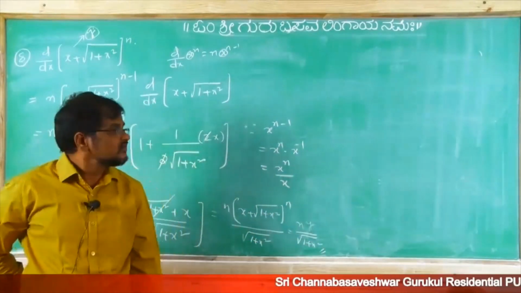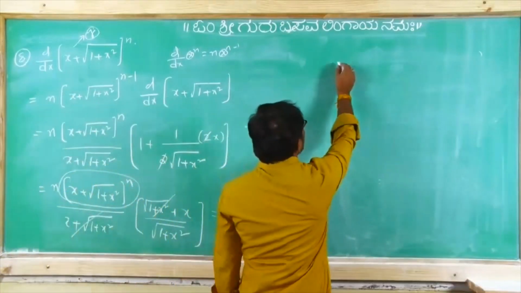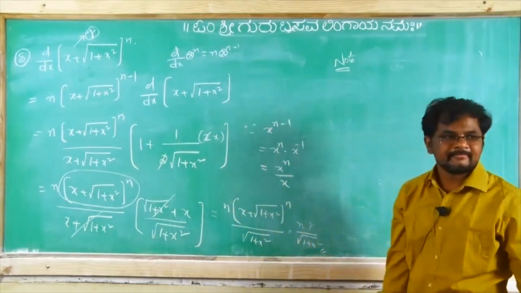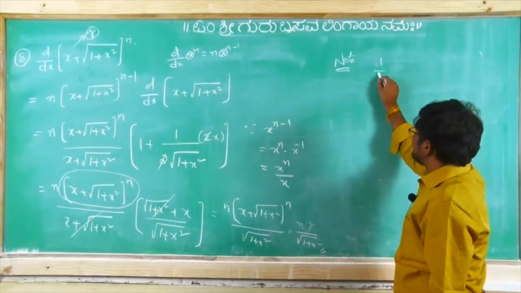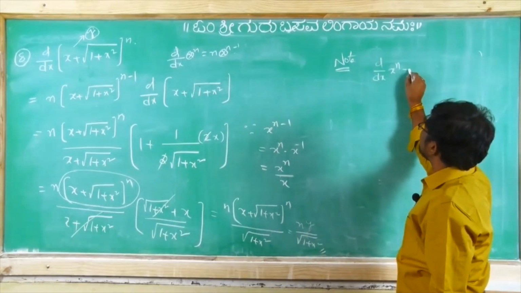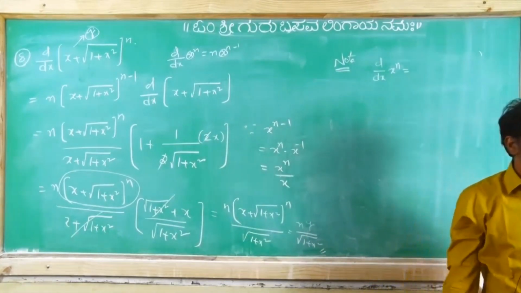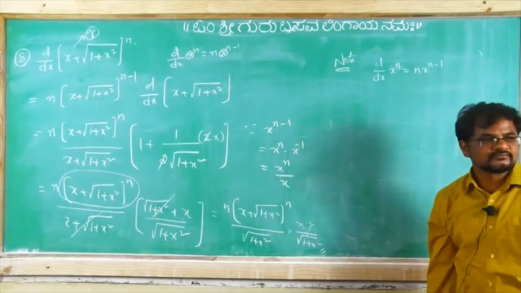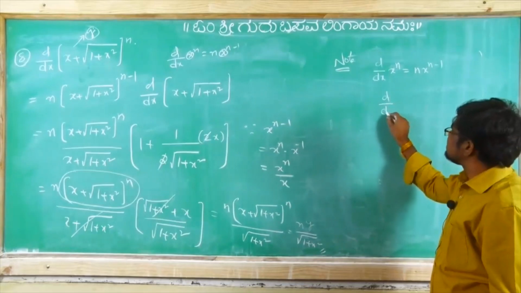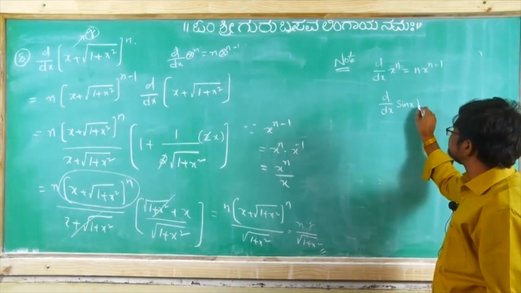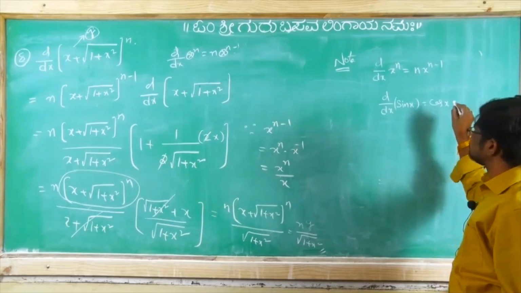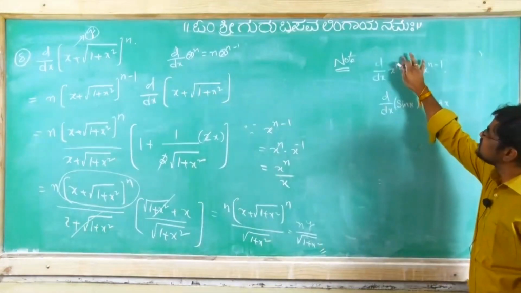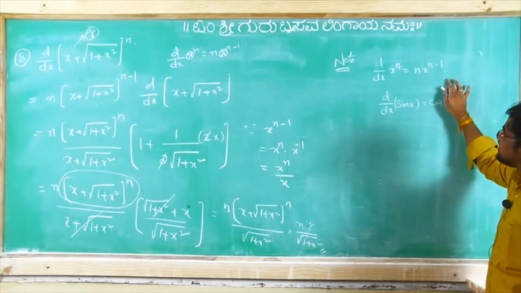Understood? Now this one. Once you take one note, this is most important note. d by dx of x to the power of n, what you taken? n into x power n minus 1, okay? And d by dx of sin x, what you taken? cos x taken, okay? Means d by dx of x to the power of n means n into x to the power of n minus 1.